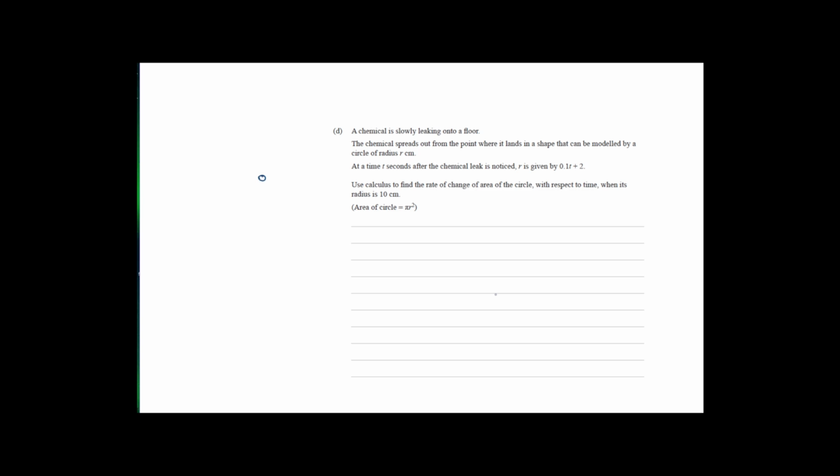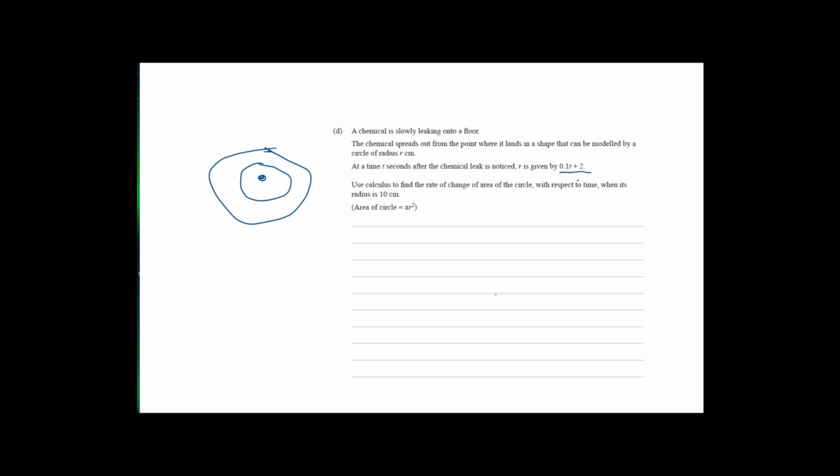So they drop the chemical there, and then it's kind of ever increasing circles of whatever this thing is. I hope it's not dangerous. At t seconds after the chemical leak is noticed, r is given by 0.1t plus 2.